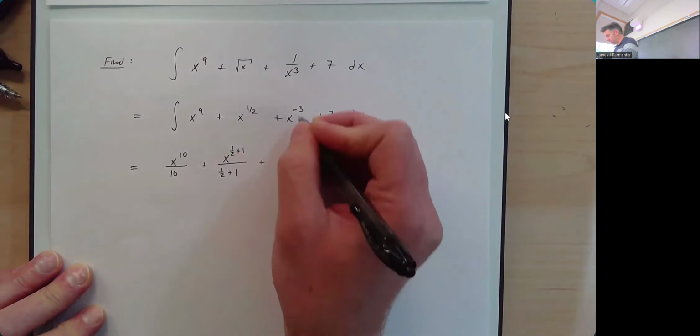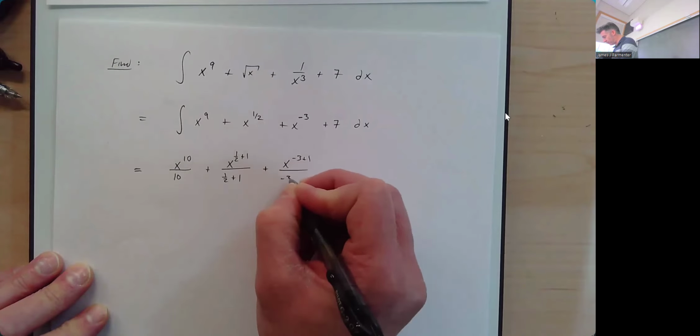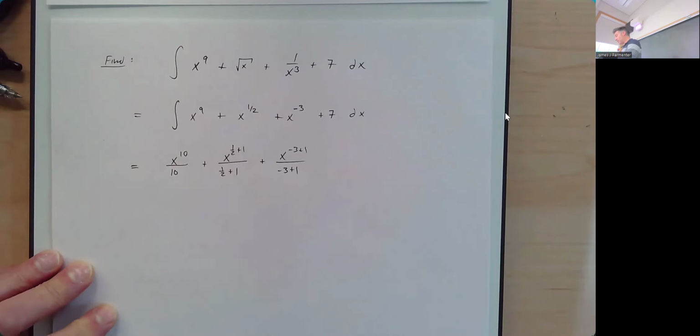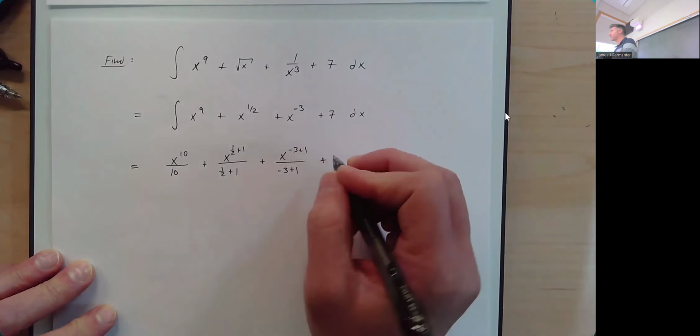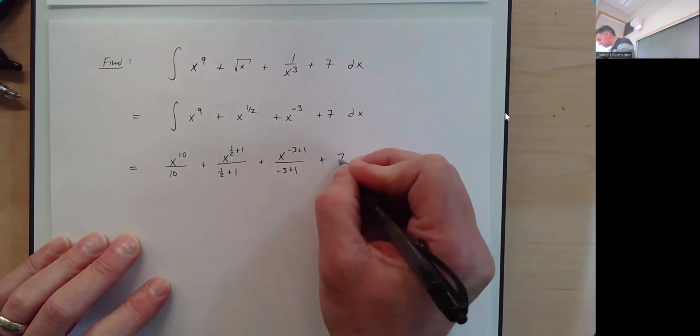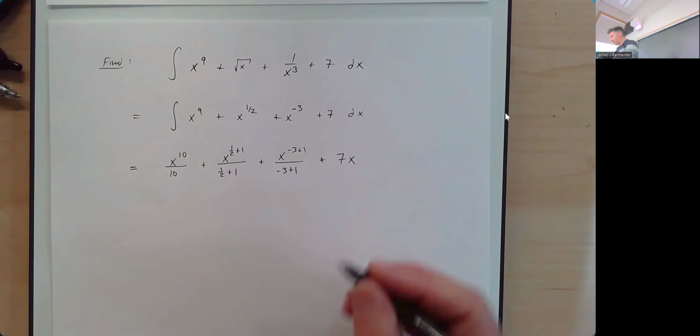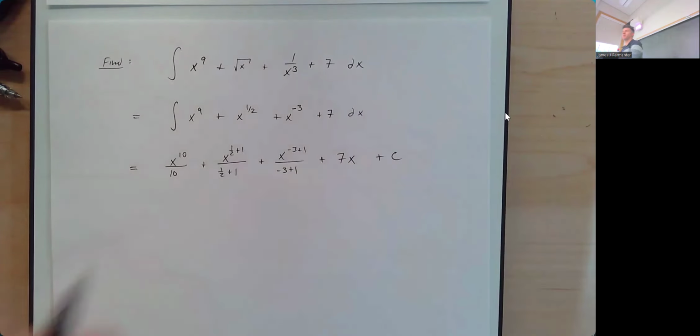The antiderivative of x to the -3 is x to the -3 plus 1 divided by -3 plus 1. And the antiderivative of 7, the derivative of a constant is 0. The antiderivative of a constant is that constant times x, because the derivative of 7x is 7. And then finally, we need a plus c.